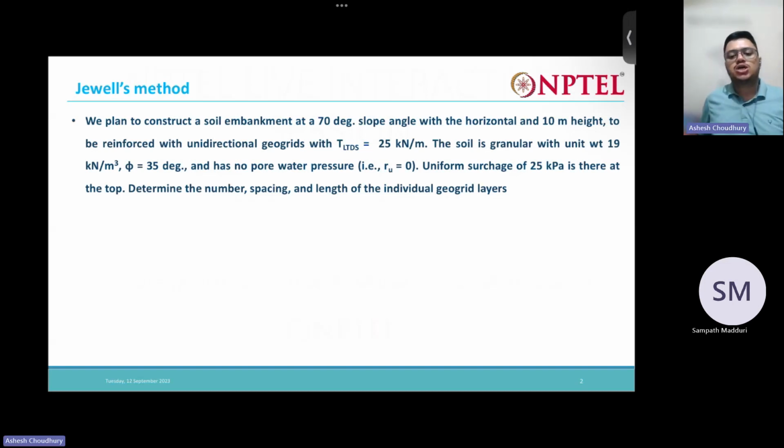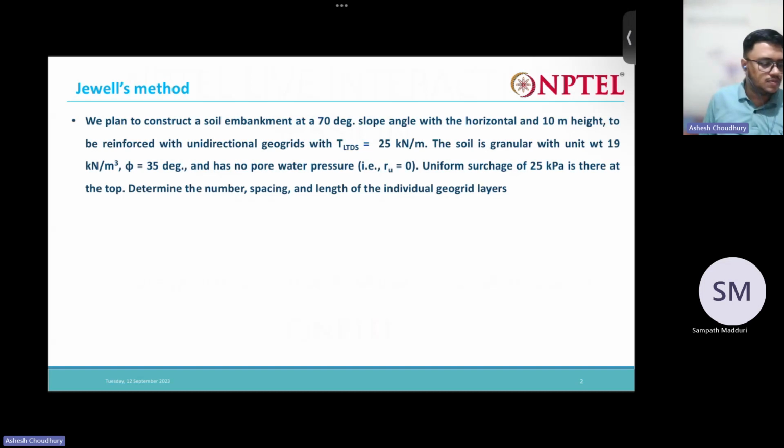A uniform surcharge of 25 kPa is there at the top, and we need to determine the number, spacing, and length of individual geogrid layers. All right, so in short, we have to design this. We have to reinforce the embankment. Right. So let us see.